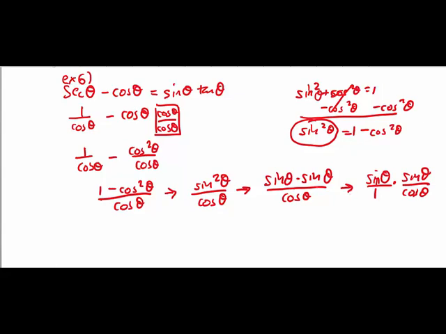You can see that we can do this because multiplying fractions, top times top, bottom times bottom, would work out just fine. So that gives me my desired answer of sine theta tangent theta, because sine theta over cosine theta is tangent.